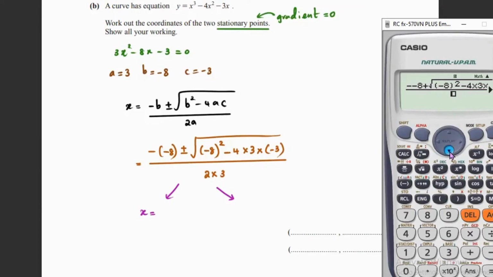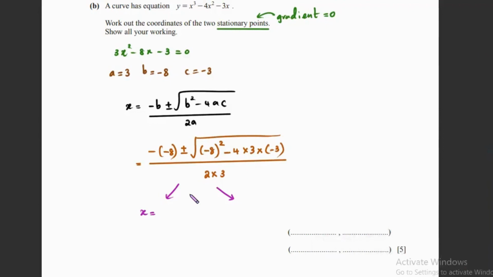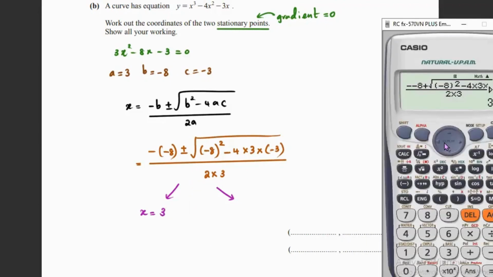And then I need to divide it by 2 times 3, which is equal to 3. So I get a 3 here as the positive answer. I do the same thing for the negative. So I'm just going to move the cursor around, and instead of this plus, I'm going to change the plus into a minus now. So when I do that, I get -1/3.